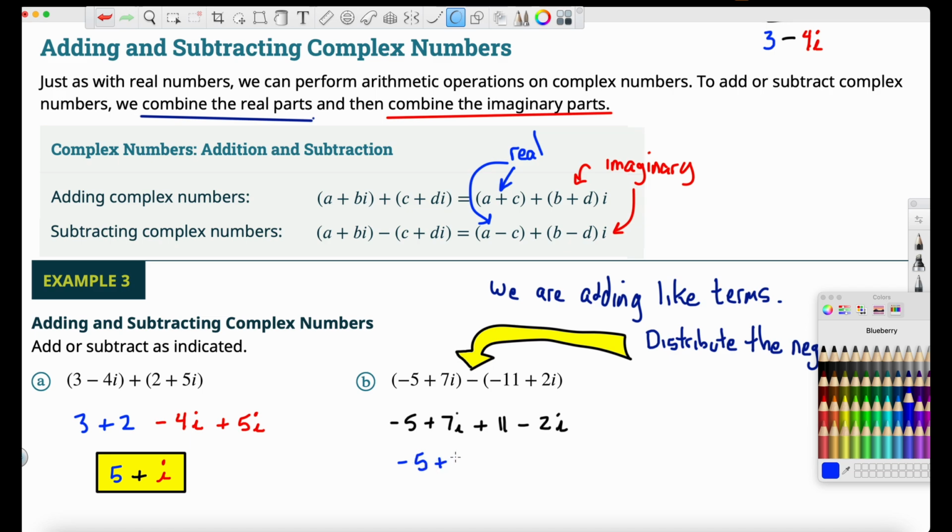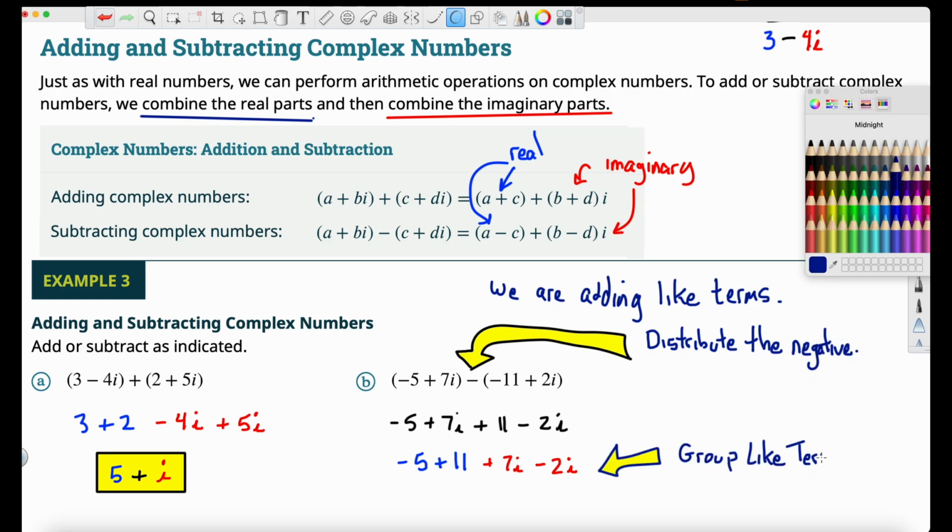So let's group it together. -5 plus 11 plus 7i minus 2i. And we get 6 plus 5i. Okay.